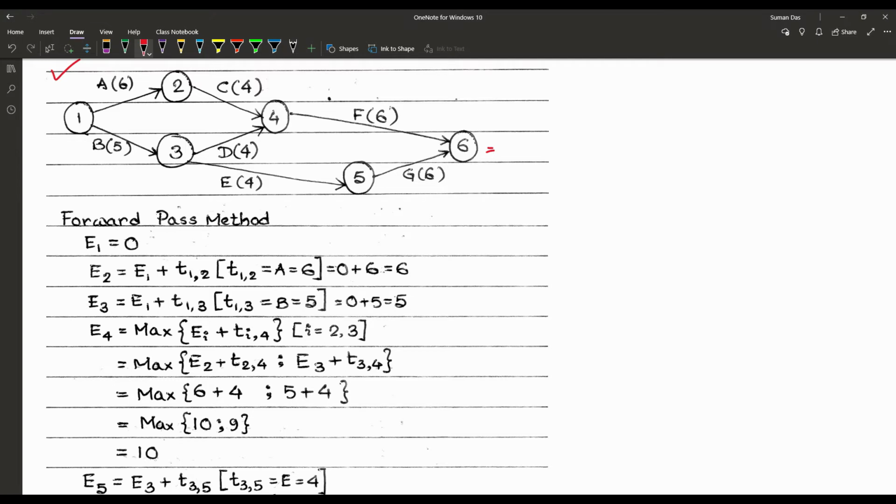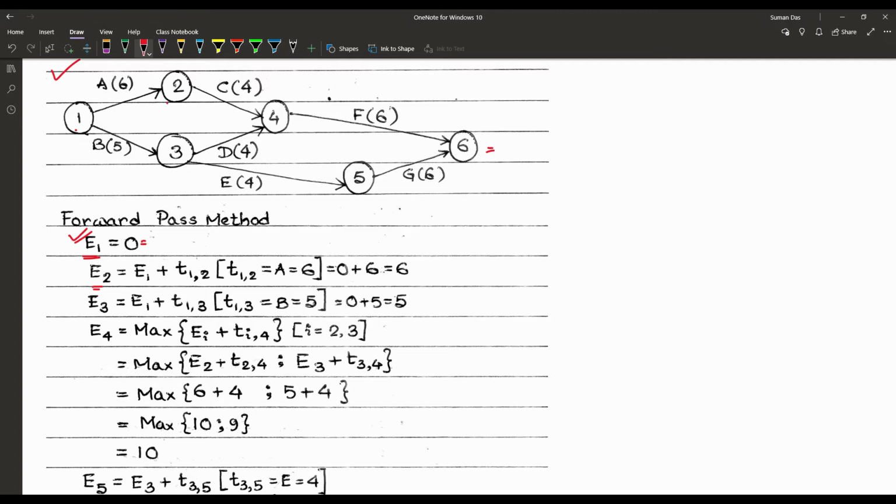Now when we are using the forward pass method, we are just starting with the value, that is E1 as 0, that means from 1. Next we are reaching to the node, that is 2.